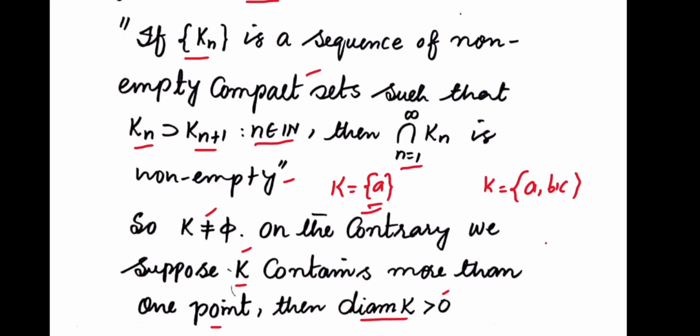If K is singleton, then clearly its diameter is equal to 0. But when you suppose this K consists of two or more points, then its diameter cannot be 0. It will be positive.